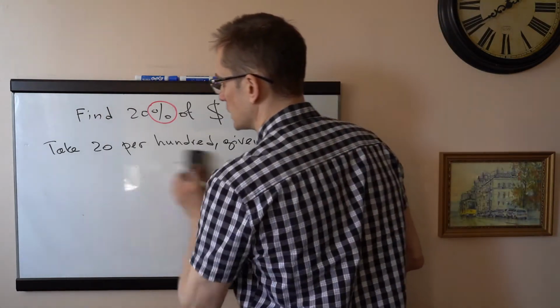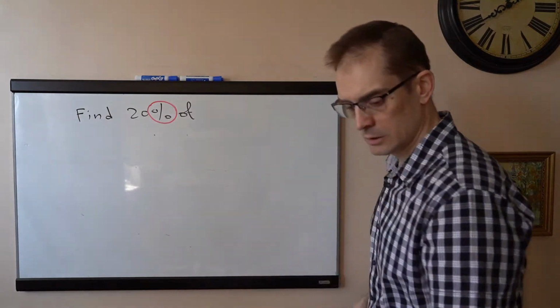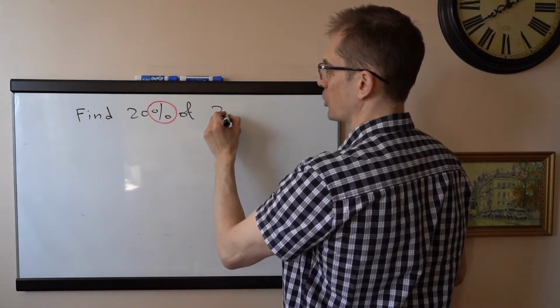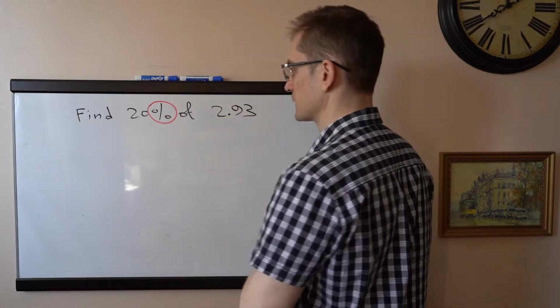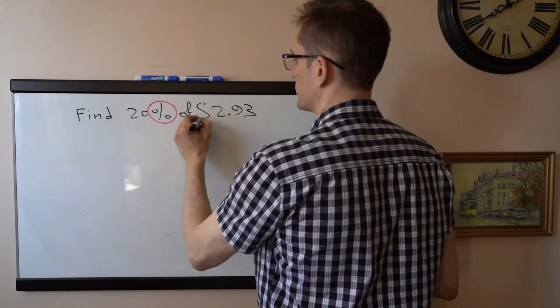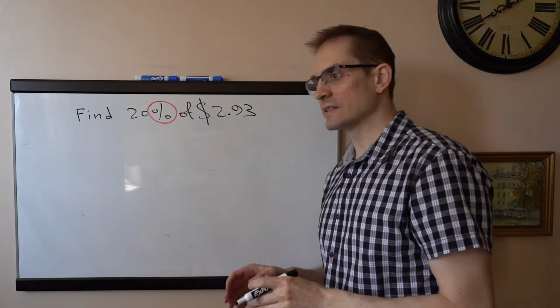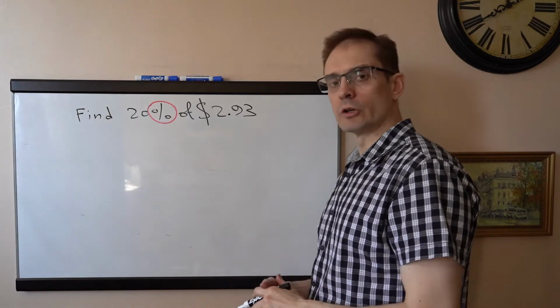We can actually now make that problem a little bit more complicated. So we'll say find 20% of some quantity such as $2.93, like this. Well, in this case, it's harder to use that straightforward definition of the word percent.